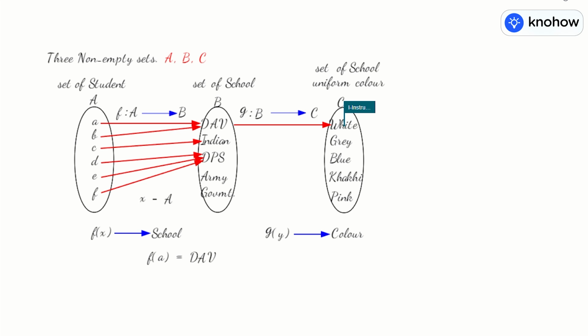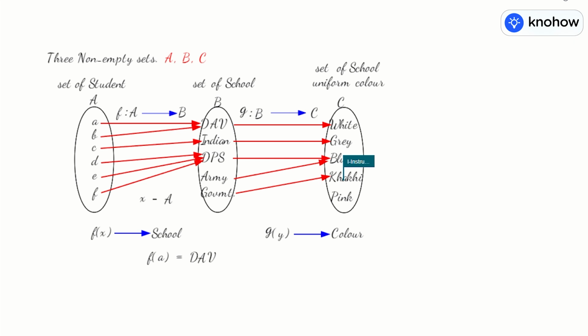Indian school students are wearing grey color. DPS students have blue color uniform. Army public school also has blue color uniform. Government schools have khaki school uniform. And this pink color, whatever schools are under our consideration in set B, none of them has a pink color uniform. So it may happen.